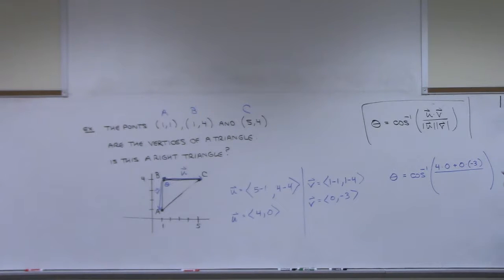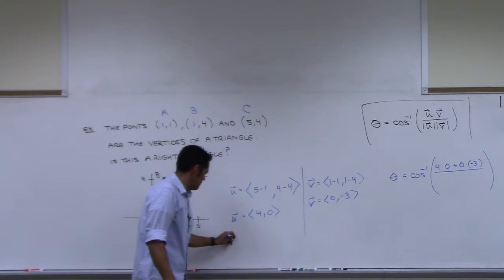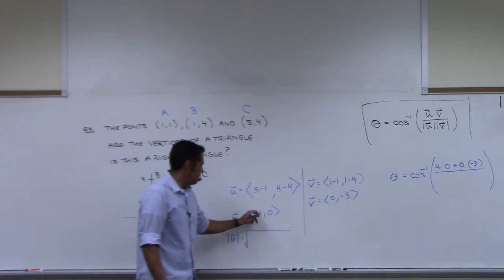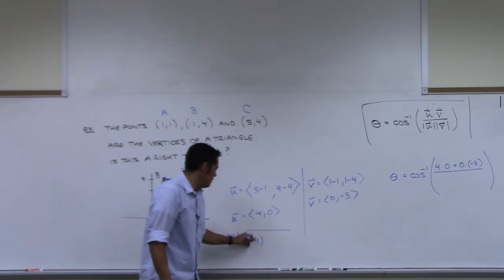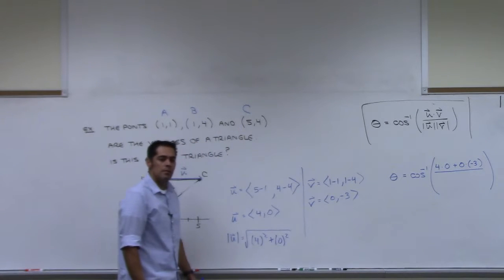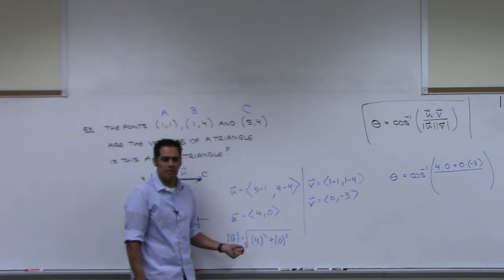But the next part would be the magnitude of u. Do you remember how we get the magnitude of u? Square root of the x component squared plus the y component squared. So this is just 16, and the square root of 16 is 4.